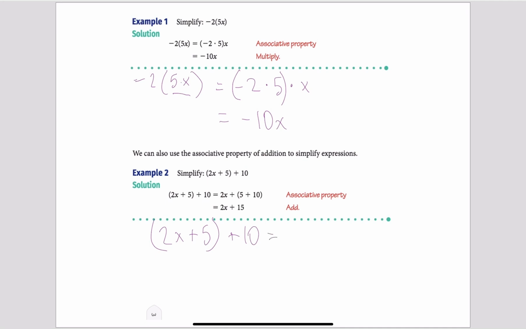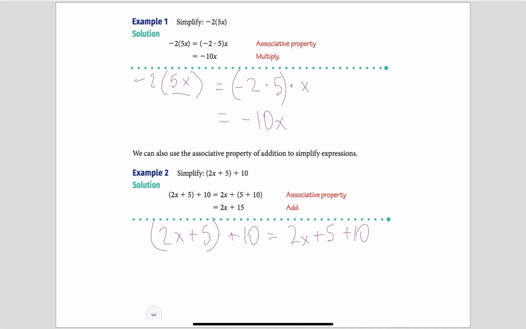Since it's all addition, the parentheses here were showing us what to do first, but what we do first won't impact the final result because it's all addition. And so we can associate the operations together in ways that might produce a more simplified answer.